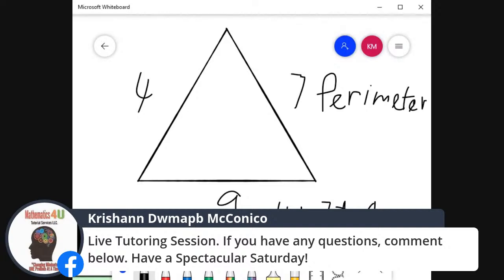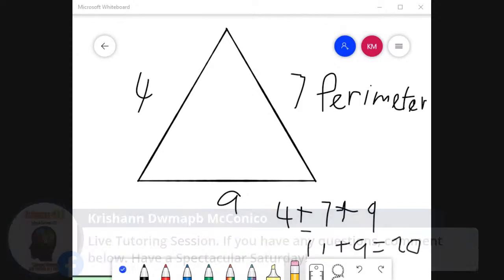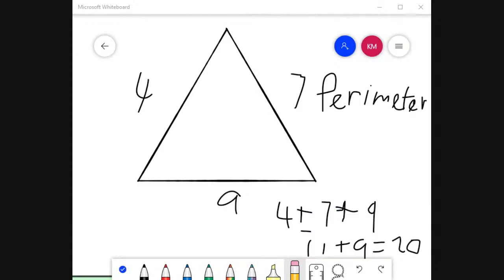Now, take down the banner so you can see the problem.